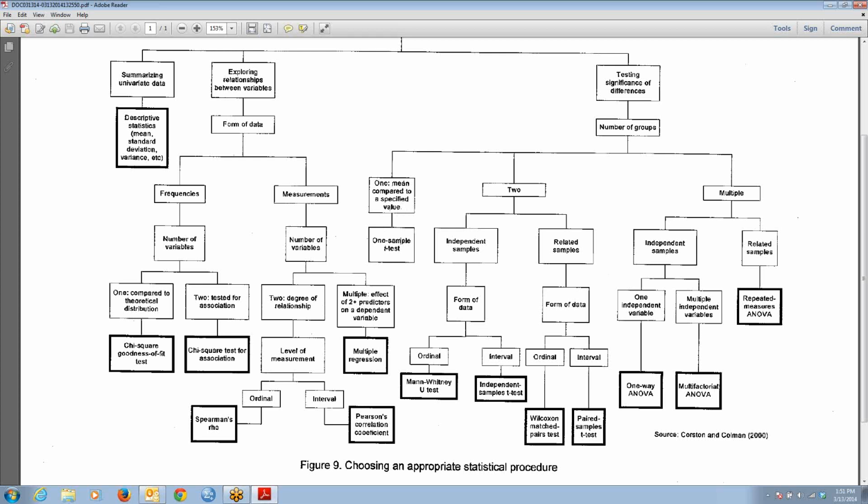Let me give you guys an example. You probably know that the MMPI-2 has, as its scaled score, a mean of 50 on the scales and a standard deviation of 10. So let's say that I give a class of psychology graduate students the MMPI-2 and I gather information on their scores on the depression scale.